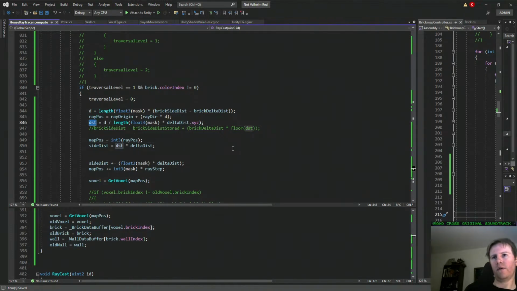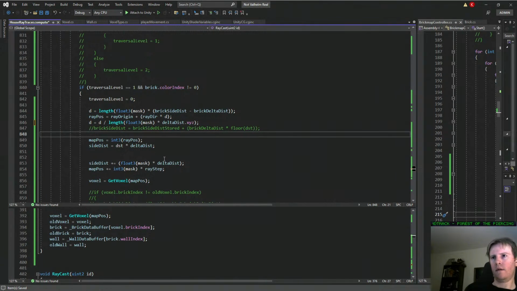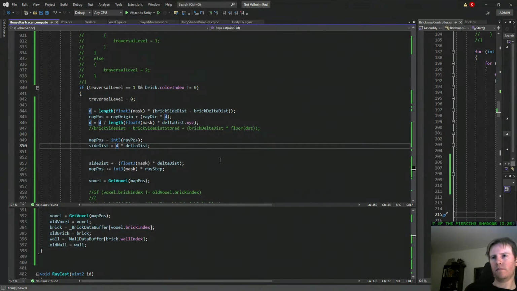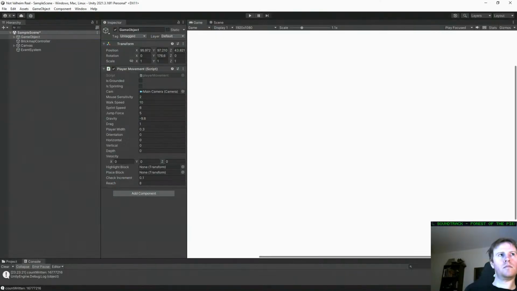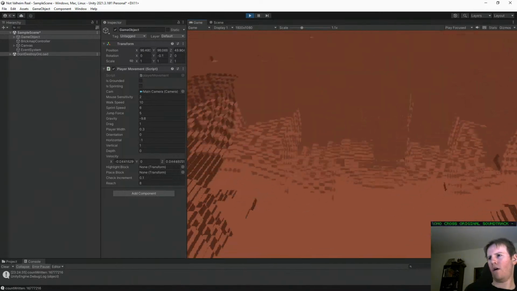No, this shouldn't be a float 3. This should be... Let's just set D to that. Fuck off.